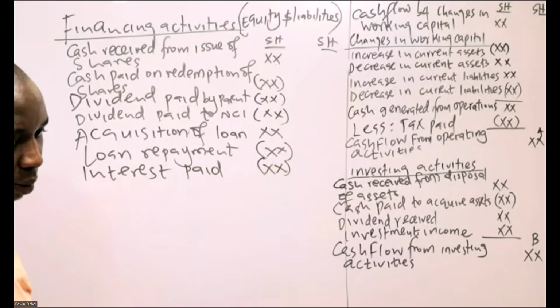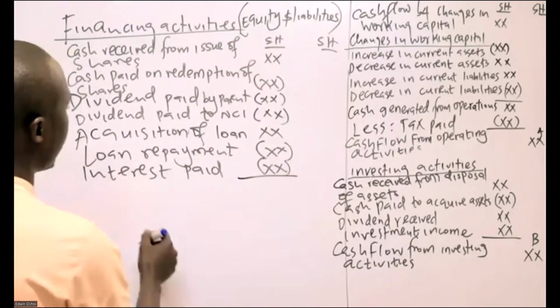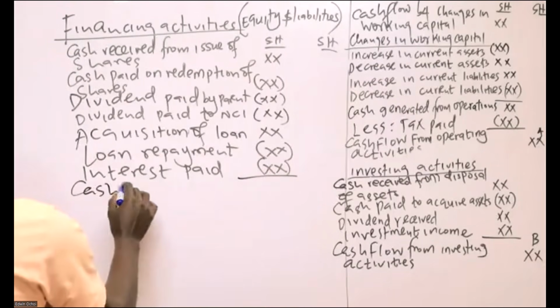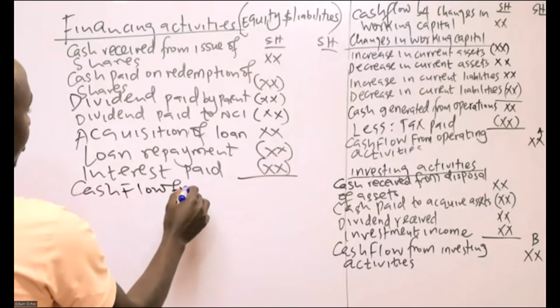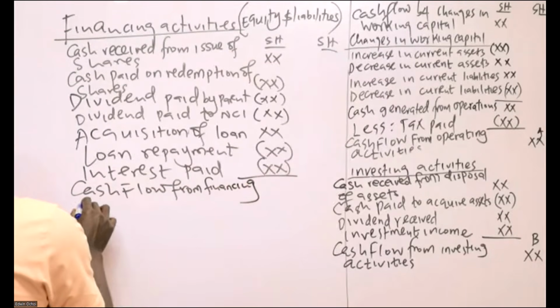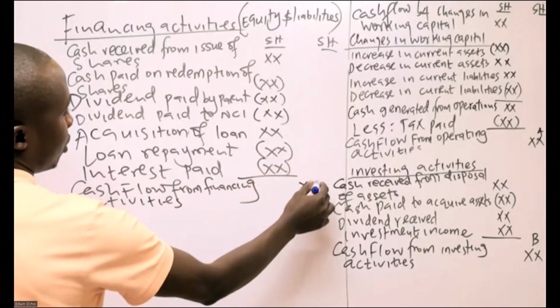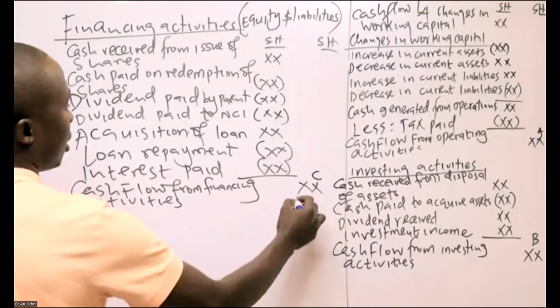So interest paid, that is money out. I think we have considered everything which is required. So up to that point, we can say cash flow from financing activities. That is what you put at the end there as your C.